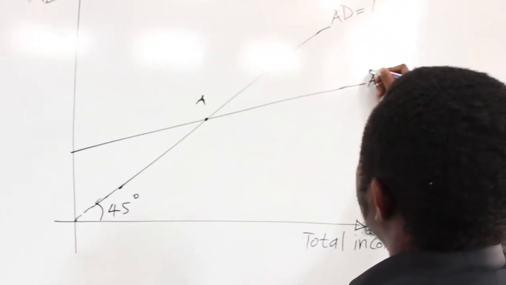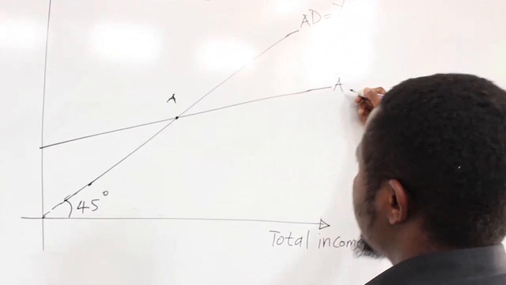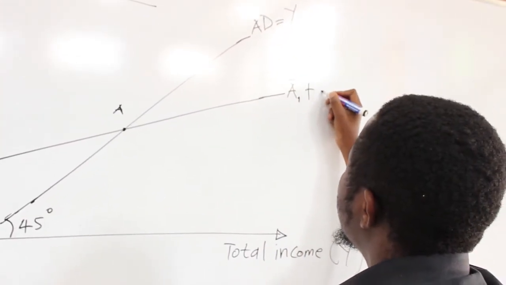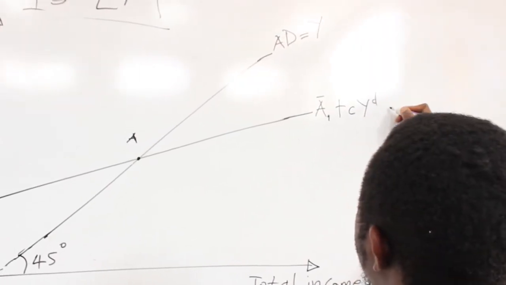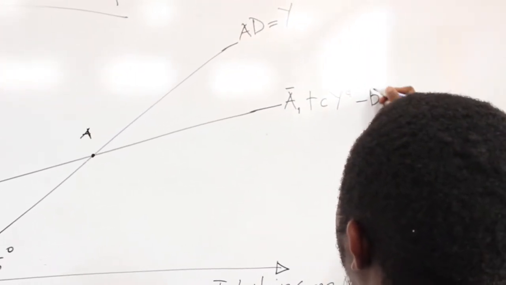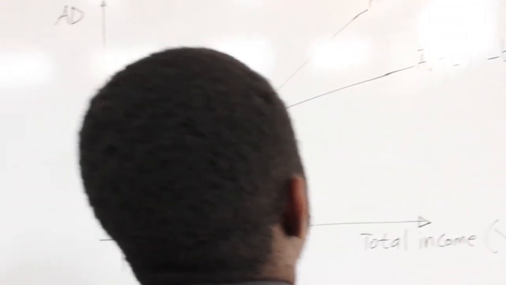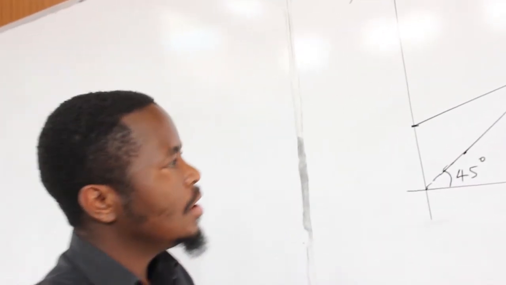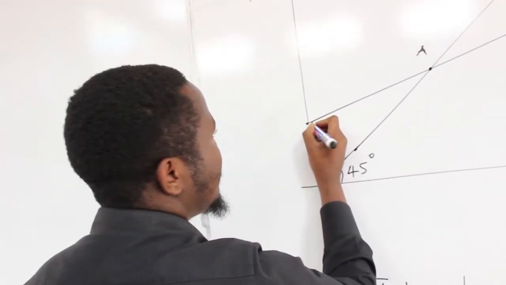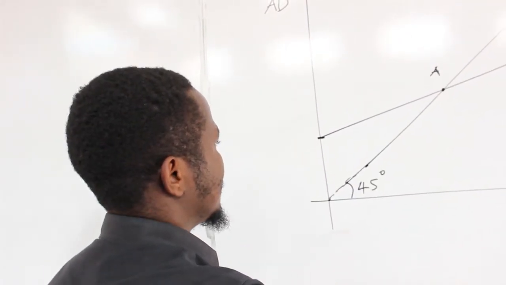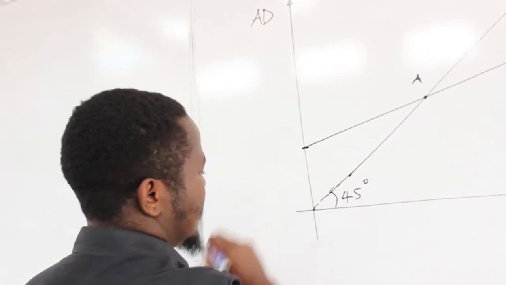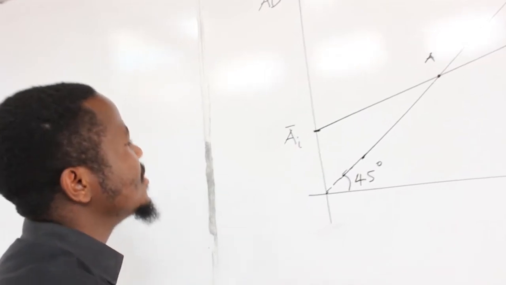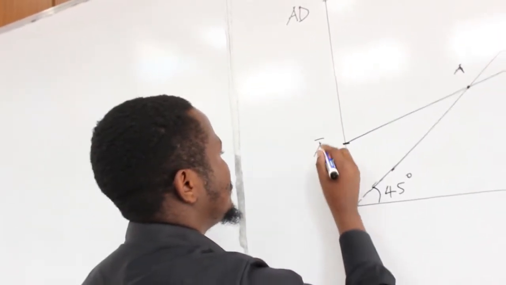So this line could be A bar, the autonomous investments, 1 plus the CYD, the function that we have derived, minus BI. Okay, and the level of aggregate demand here, where the total income function cuts the vertical axis, is equivalent to A bar, the autonomous expenditure, because that is a constant. This should be A bar 1.